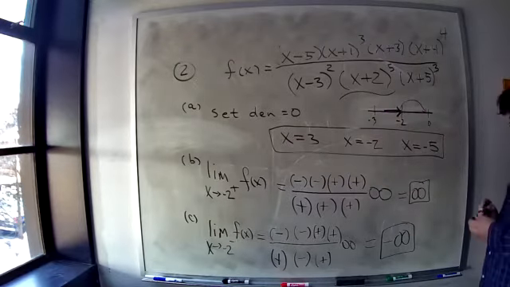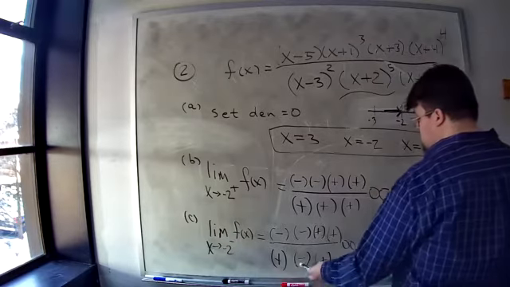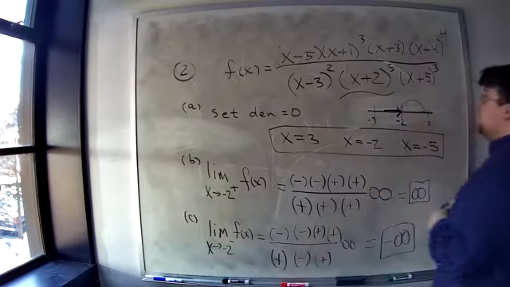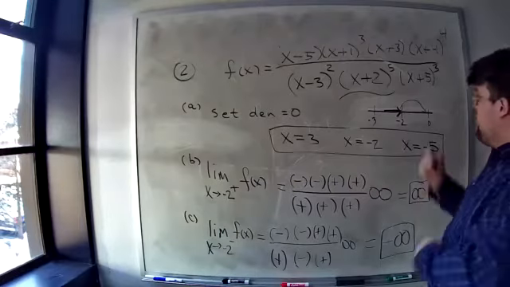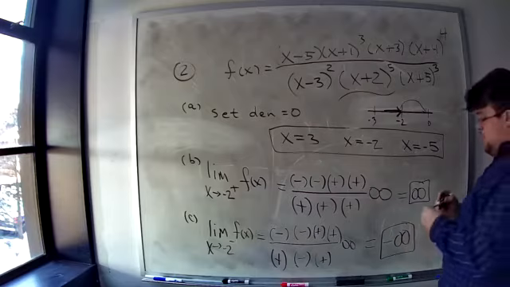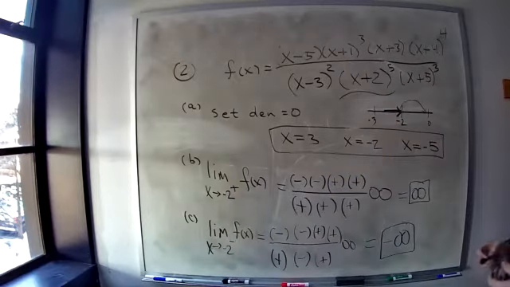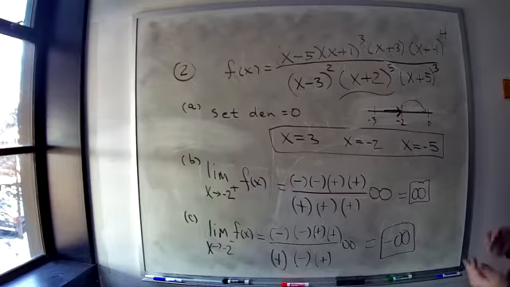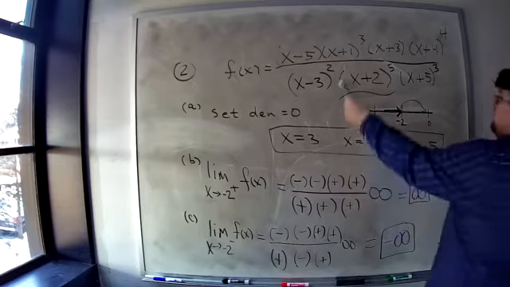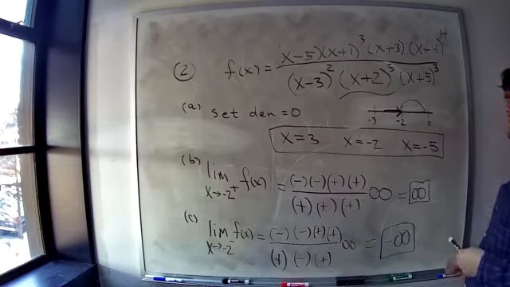You'll notice the only difference in these signs is down here at this x plus 2 term. That is how these will work out. They will work out so that what happens on both sides of -2 is largely determined by that term.